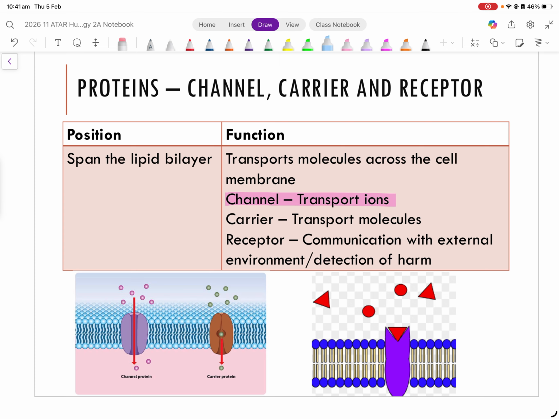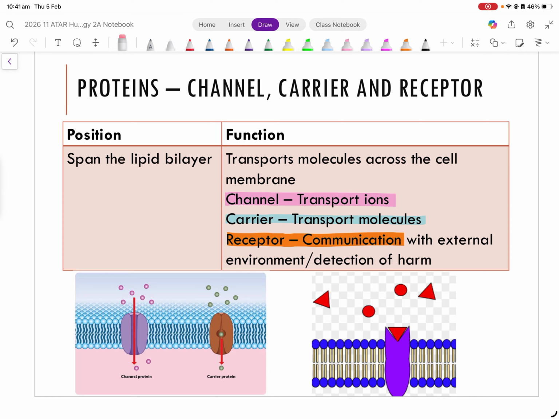Secondly, we've also got a carrier protein, and this one transports larger molecules generally, although they can transport ions as well in some examples that we'll look at. And the final kind that we look at, and this is not an exhaustive list, right, is receptor proteins. And again, a receptor in terms of this cell is something that allows for communication with the external environment of the cell.